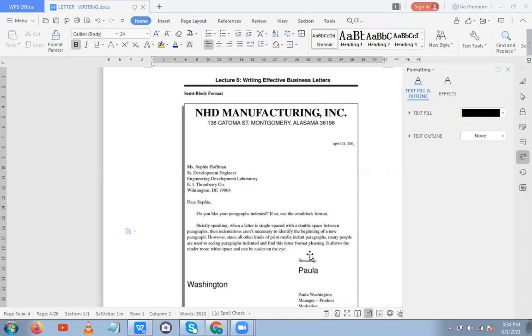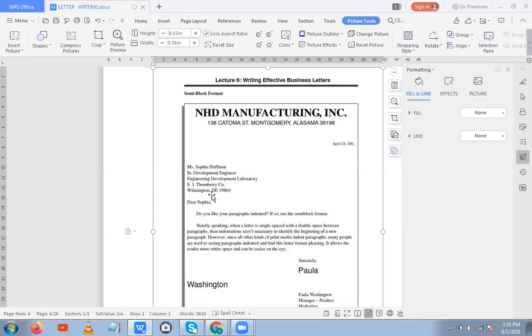And the signature is also on the left side, slightly moving toward the center. This is the layout. This is like a block style, but it differs. The date is on the right side, and the sign off or the signature line is slightly moving toward the center. Not actually the center, but slightly a little away from the left. And look how it is written.